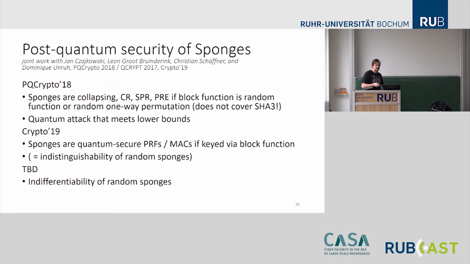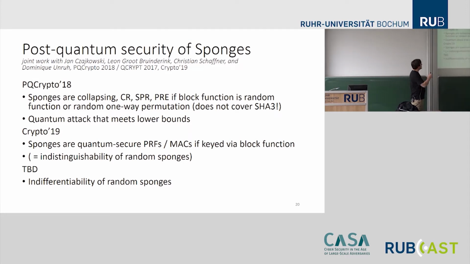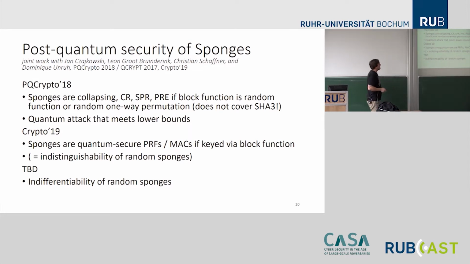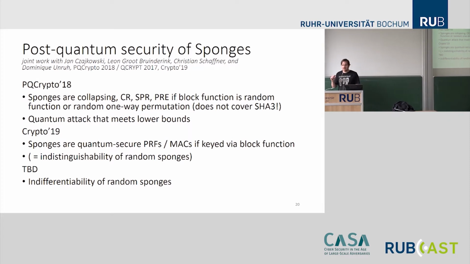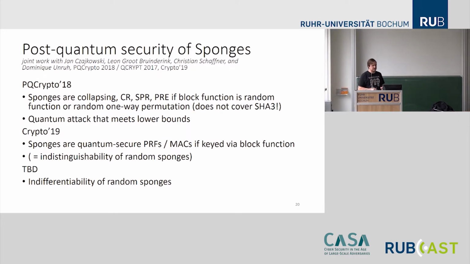And so we set out to look into this, and in the first step, we started to really prove the single properties we had in the beginning, so collision resistance, second-preimage resistance, and preimage resistance, and also this collapsingness notion, if this internal block function is a random function or a random one-way permutation.